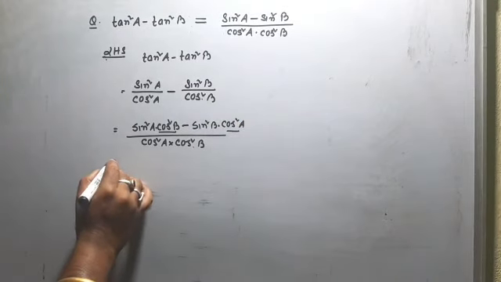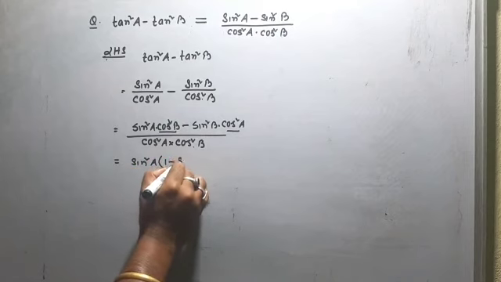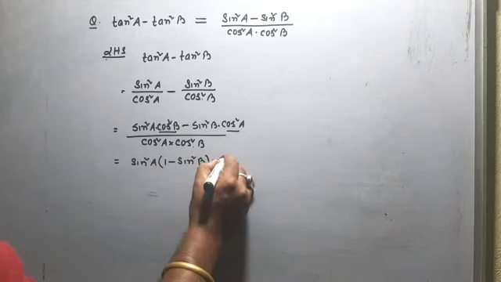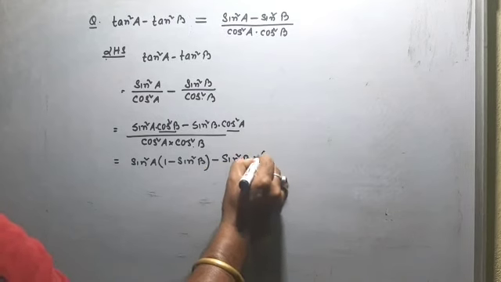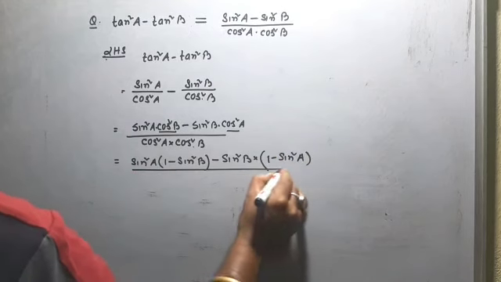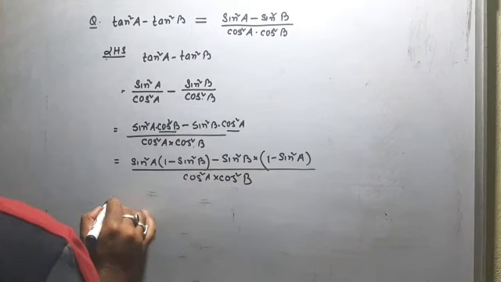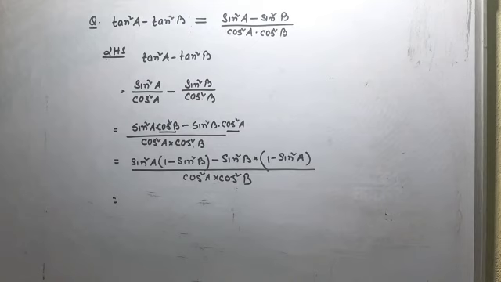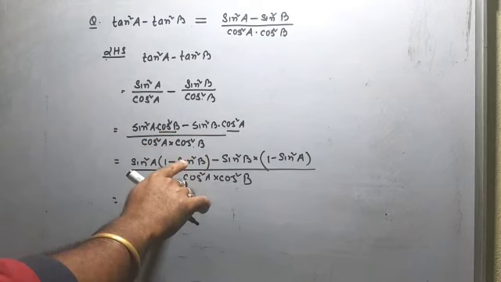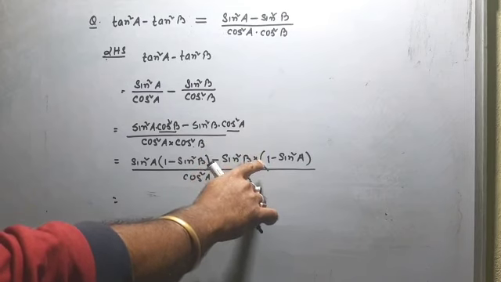So sin square a, and cos square b means 1 minus sin square b, and here sin square b, and again cos square a you change to 1 minus sin square a. The denominator is cos square a into cos square b. Clear? I just changed cos square b to 1 minus sin square b, and cos square a to 1 minus sin square a.